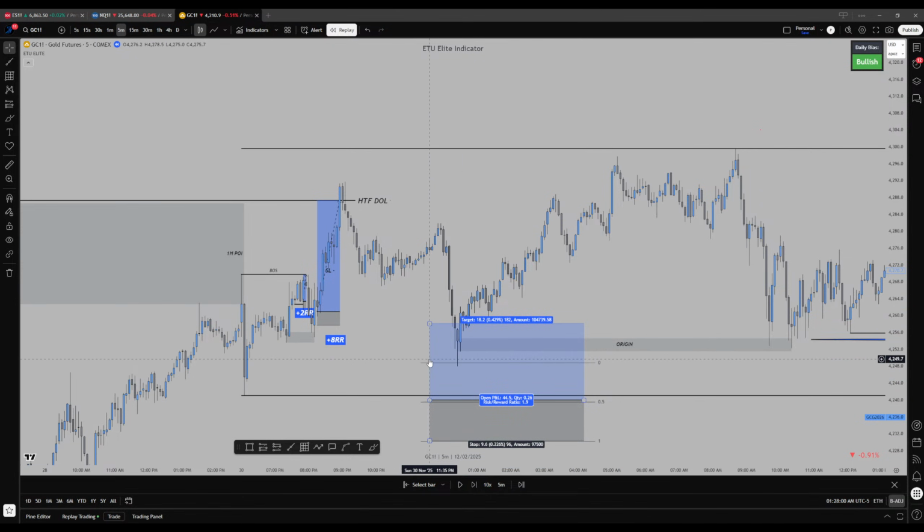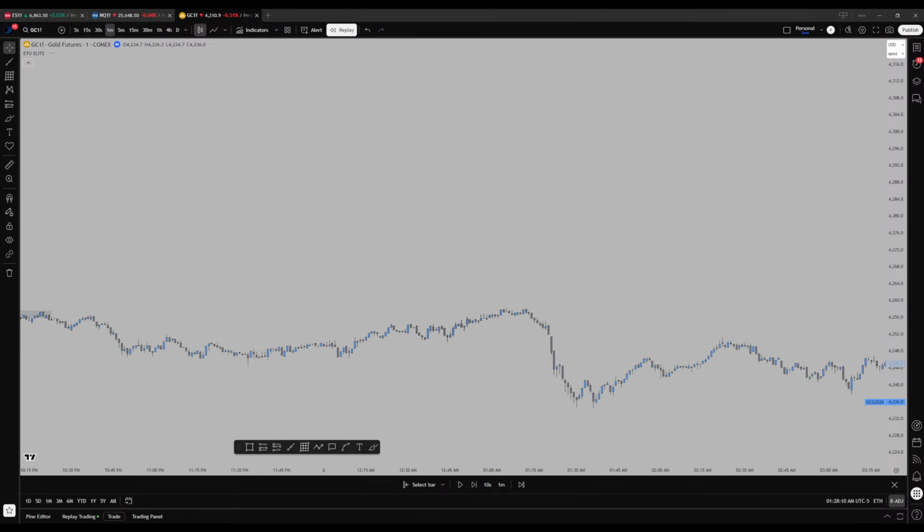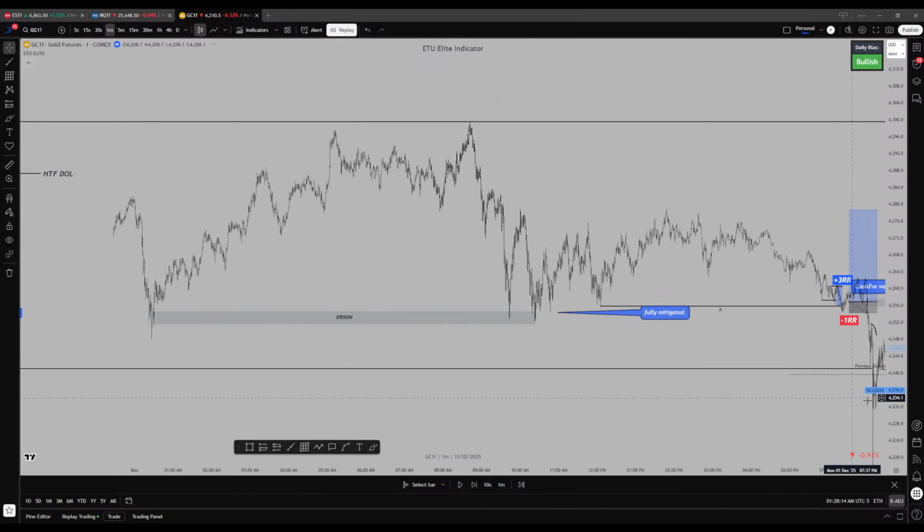Instead of having that column there, you can have a system that says I'm gonna take my OB entry model, but at 50%. That's gonna be your setup type, and you can track the win rate and risk reward there, and I think that'd be a lot easier, honestly.